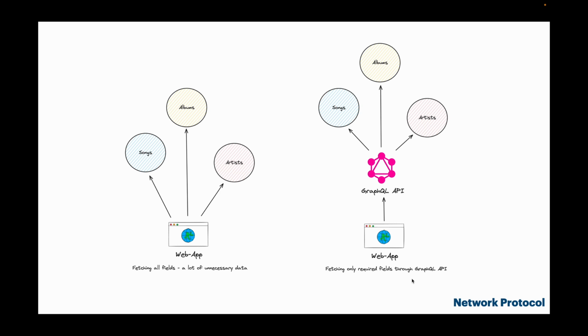In our scenario, we are dealing with three main entities: song, artist, and album, all of which are tightly interconnected. There is a high chance that at the same point in the app, we will need to simultaneously access several fields from the songs entity and at the same time fields from the artist entity.